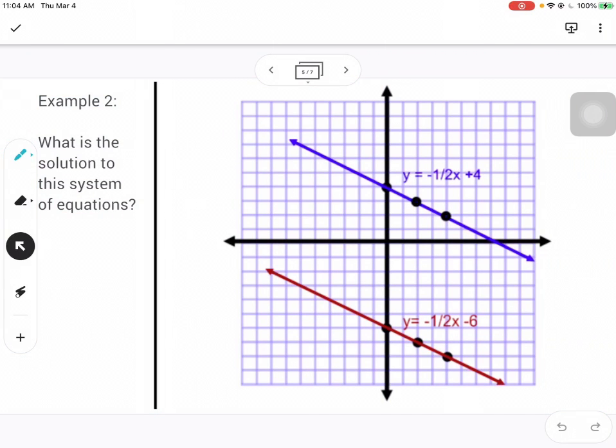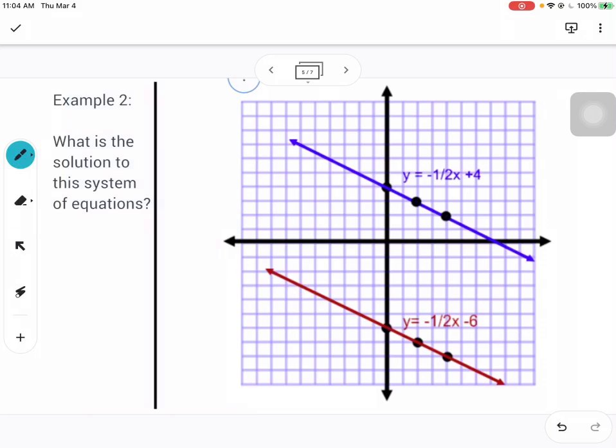In this case, what is the solution to the system of equations? These equations never cross each other. They are parallel lines. Because they are parallel, there is no solution. One thing I want you to notice is in order to be parallel lines, they must have the same slope.